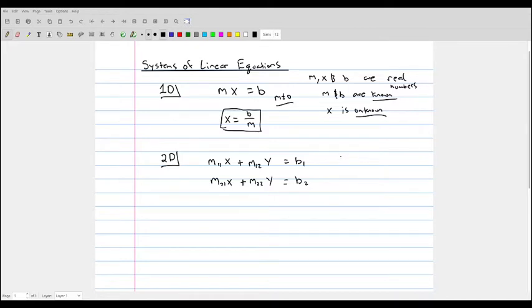For these values, mij and bk are known real numbers, for each possible combination of i, j, and k.